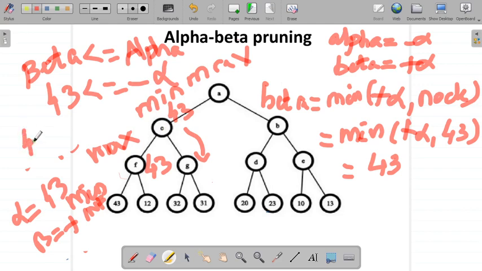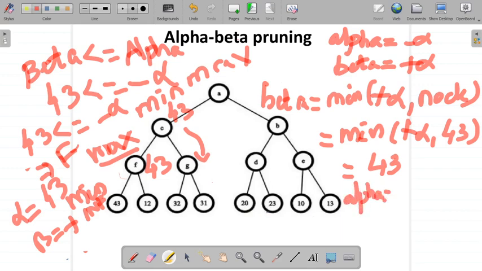So 43 less than or equal to minus infinity means the condition is false. So we are going to explore further. So C calls G, then G is in the maximizer level, which means we should compute the value for alpha.